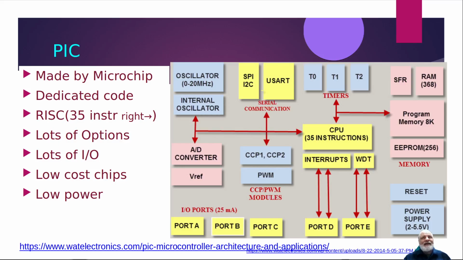So you can pick whichever one is going to fit your needs best. We have lots of options, lots of I/O, very low cost chips, and they also use very little power. They typically also have a low power mode where they can go into a sleep mode and then be recovered from that when an event happens.